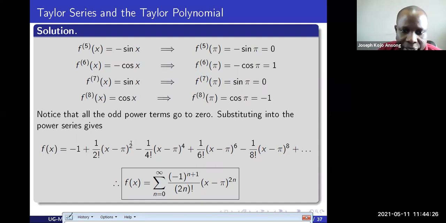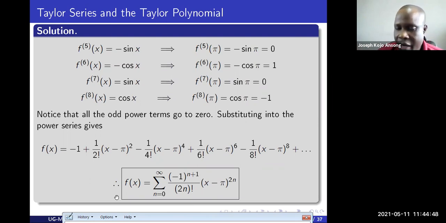And the same power is up here: 2, 4, 6, 8, so I can have 2n up here as well. So this is the Taylor series representation of cosine of x at a equals pi, when the center is pi, okay? So that is what you get when you want to find the Taylor series.